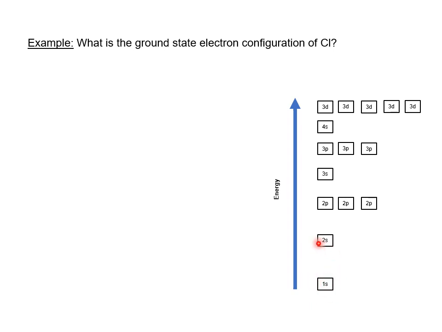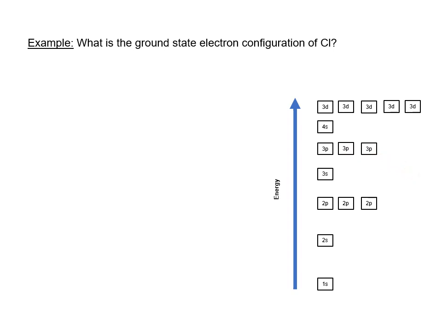Then we put 2 electrons in the 2s. That fills up the 2s. Then we put 6 in the 2p. Each of the 2p's gets 2. So far, we've added 10 of the 17 electrons. We add 2 in the 3s. That's 12. And then we have 5 more electrons left that go in the 3p, since the 3p can accommodate up to 6 electrons.